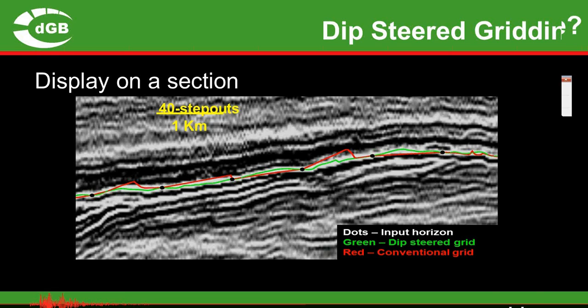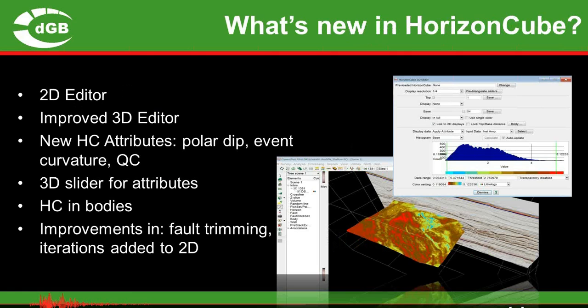Now what is new in the HorizonCube? A lot of things. We can now do 2D editing. We have an improved 3D editor. We can calculate more attributes from the HorizonCube itself. We have upgraded the HorizonCube slider. That is the slider where you can, in the structural domain, display any horizons, both a top and a base.